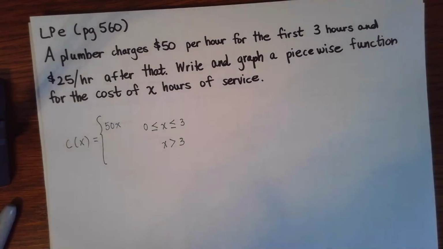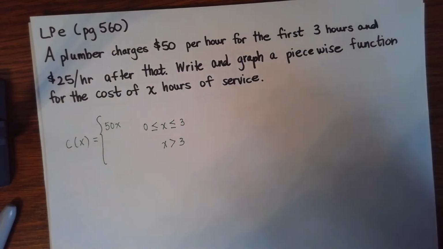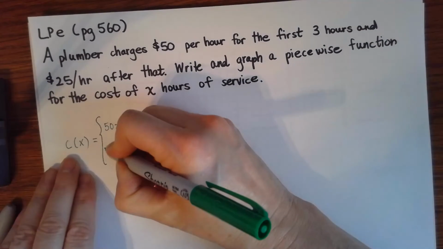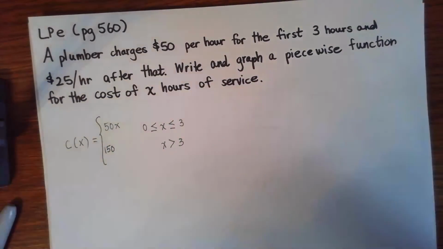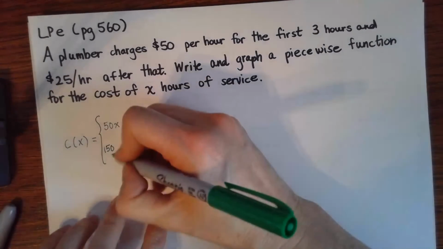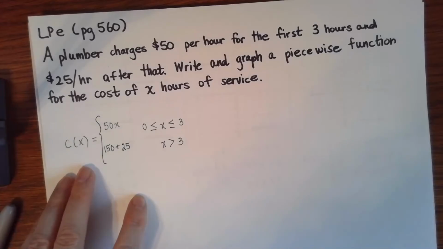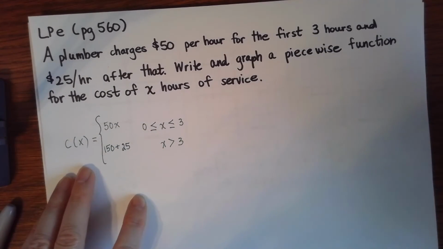So for the first 3 hours, he's still charging $150. But then anything above and beyond, so if it's 3.1 hours or 3.01, anything over 3, the price is going to go down. But those first 3 hours are still going to cost $150. So we're going to have $150 for the first 3 hours, and then we're going to add on $25 an hour for any hours that are over and above 3.